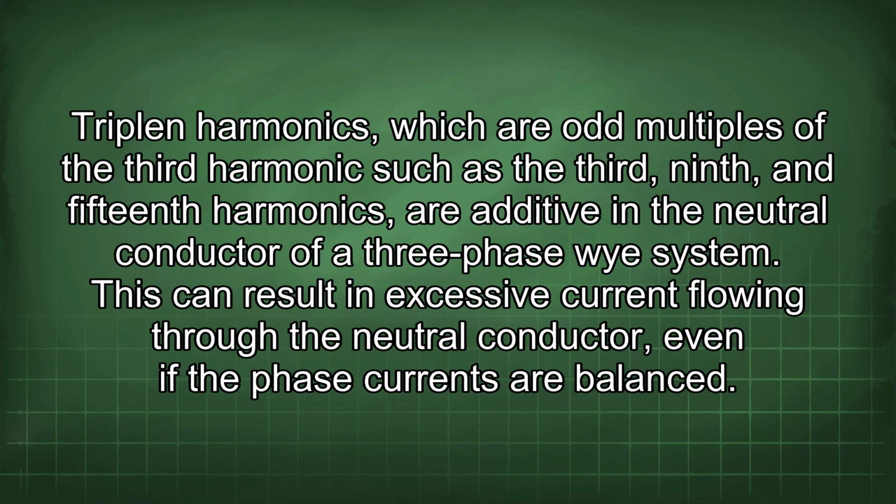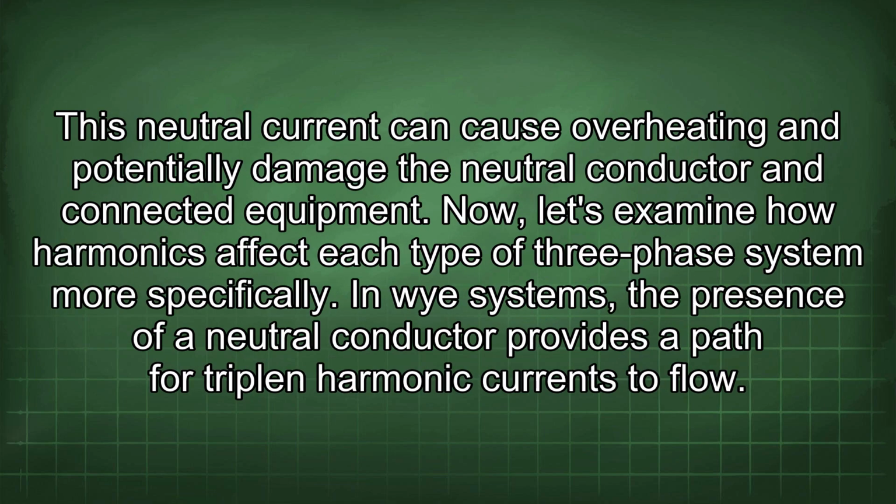Triplen harmonics, which are odd multiples of the third harmonic, such as the third, ninth, and 15th harmonics, are additive in the neutral conductor of a three-phase Y system. This can result in excessive current flowing through the neutral conductor, even if the phase currents are balanced. This neutral current can cause overheating and potentially damage the neutral conductor and connected equipment.